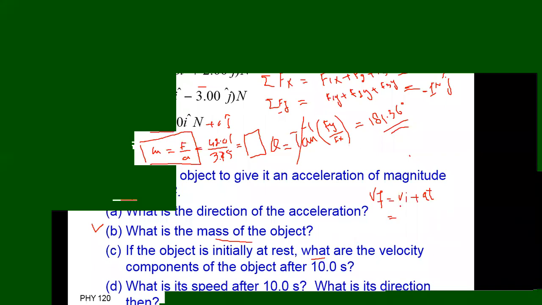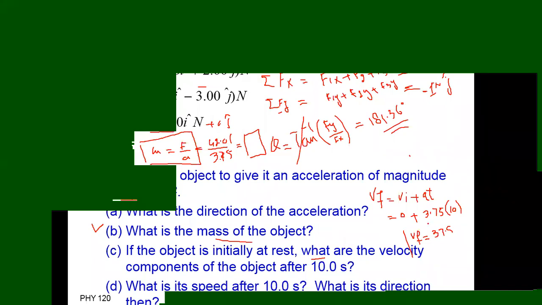So Vf is 0 plus 3.75 multiplied by t, where t is 10. It means 37.5. Final velocity Vf is equal to 37.5 meters per second.